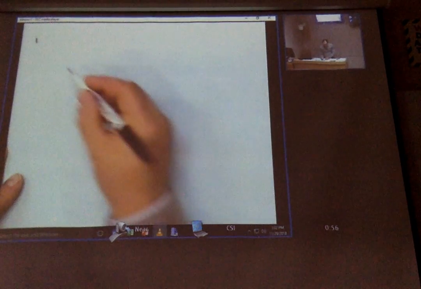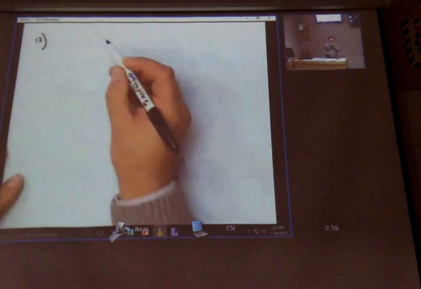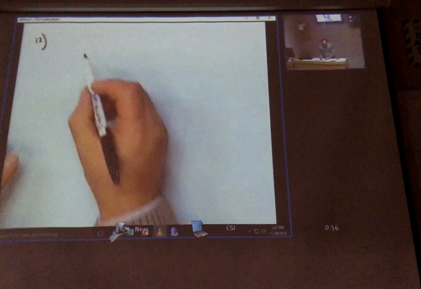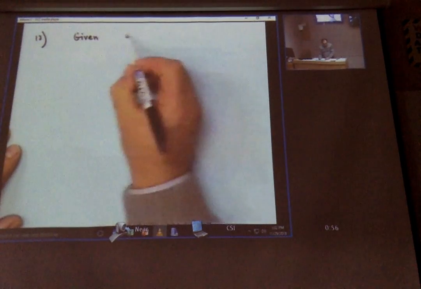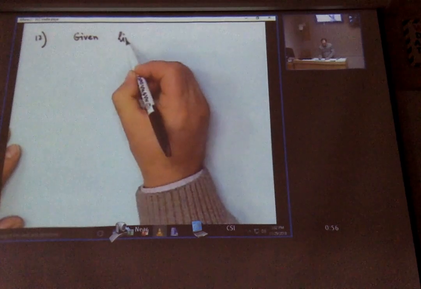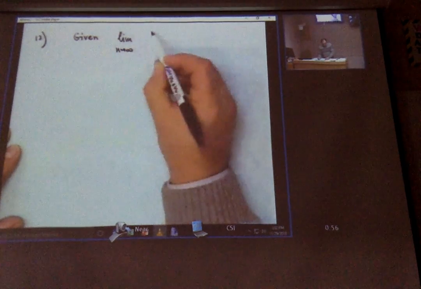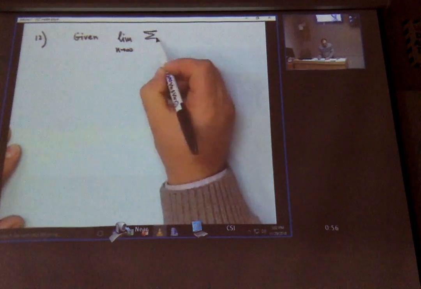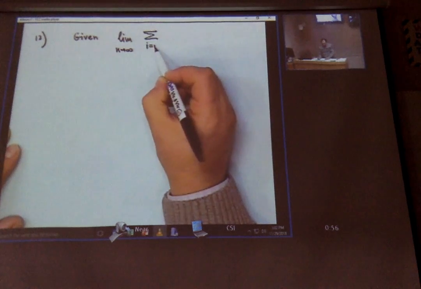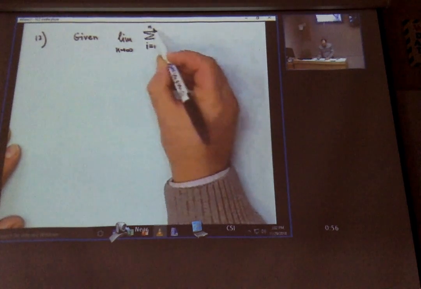So number 13. There will be a problem like this. You will be given a limit of a Riemann sum. And I really want you to remember the questions here because I don't want you to get confused with something too easy.